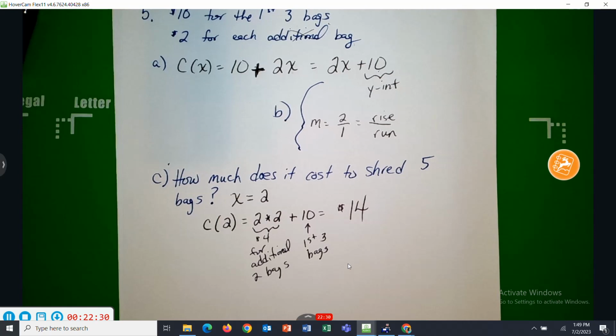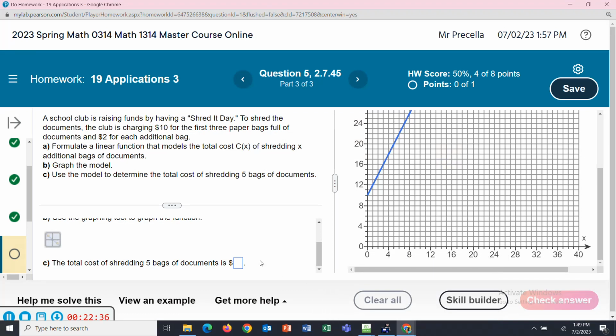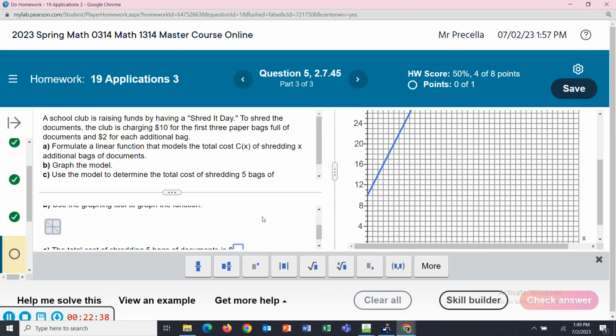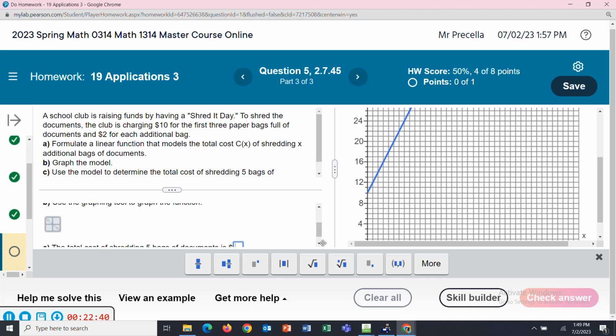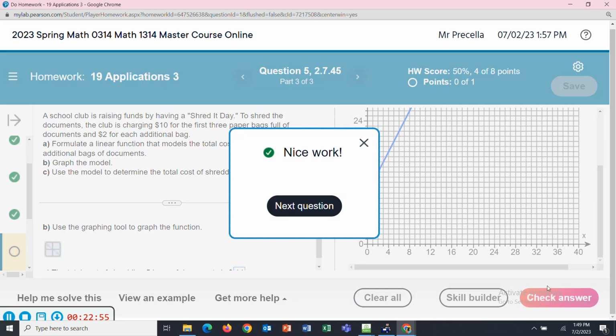So $14. Do y'all see how I'm getting that? You don't just plug a 5 in. The total, oh wait, let me see. The total cost of shredding 5 bags is $14. Okay.